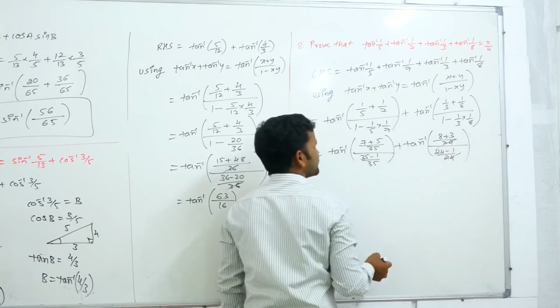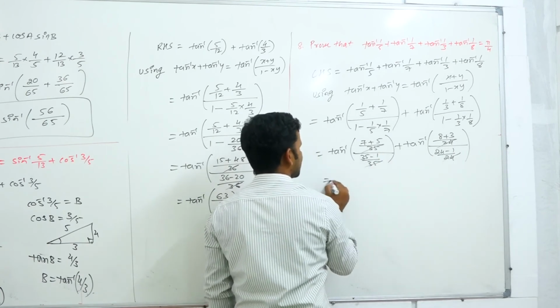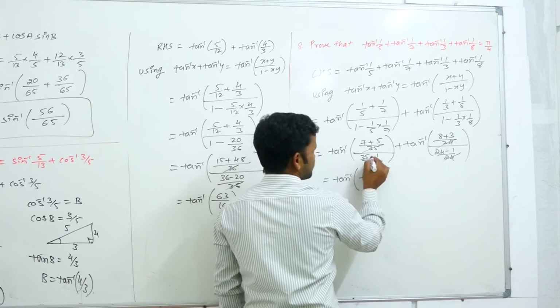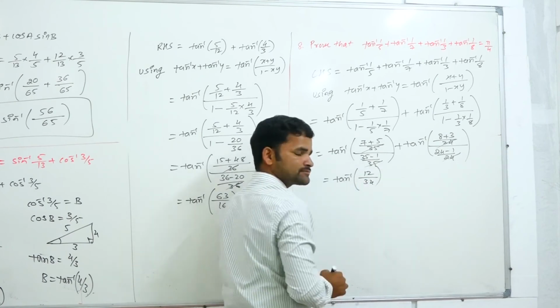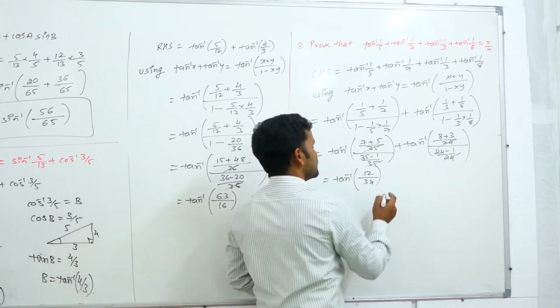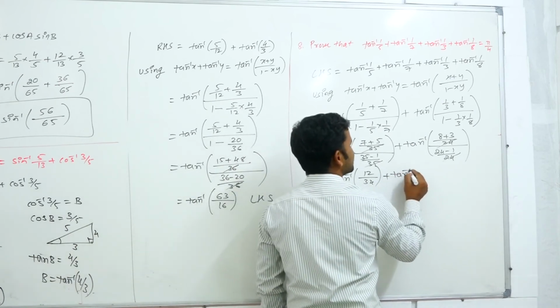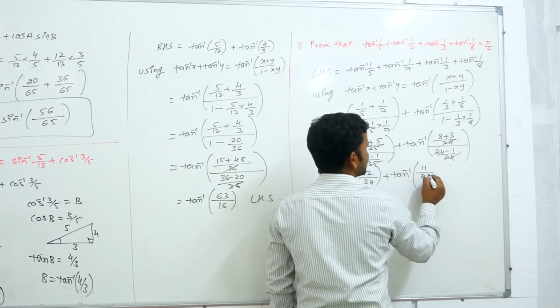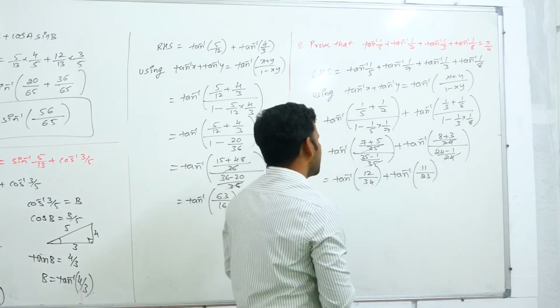The 24 gets cancelled, the 35 gets cancelled. This is tan inverse of 12 by 34, 35 minus 1 is 34. Plus, next, here it is tan inverse of 8 plus 3, 11 divided by 23.